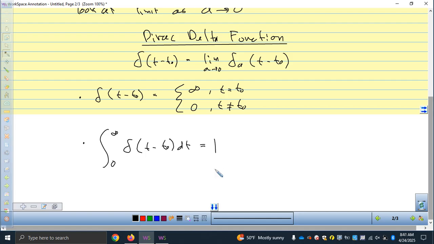So imagine a golf club hitting a golf ball, but the golf player is really, really good and really strong, so hits the golf ball with an infinite force for 0 time.